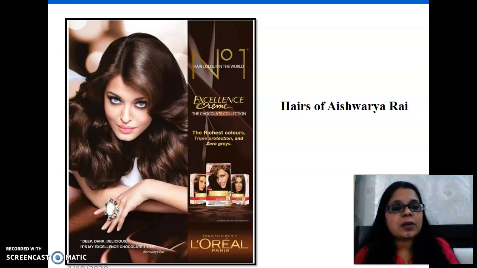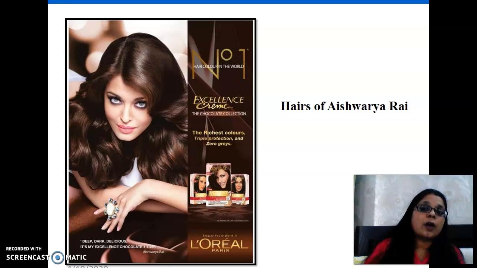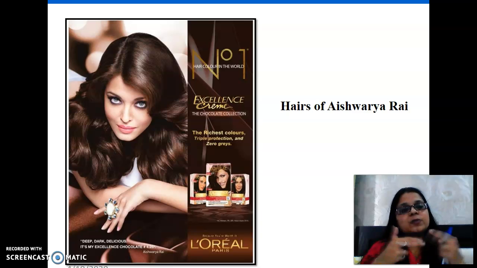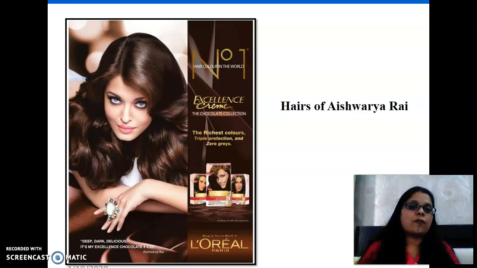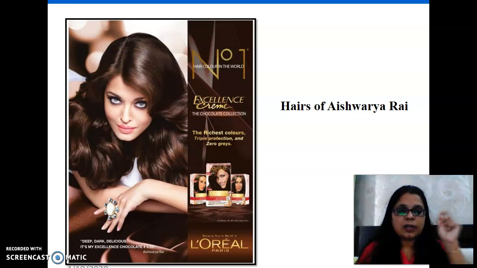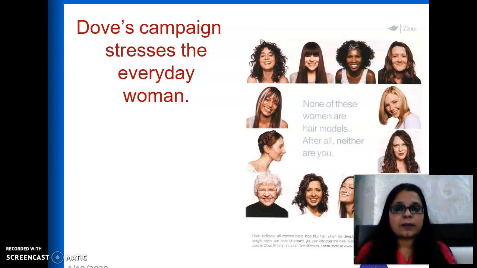When you see that Aishwarya Rai is advertising L'Oreal, obviously the people looking forward to coloring their hair with L'Oreal see that the physical appearance or attractiveness of Aishwarya Rai acts as one of the stimuli in drawing a positive influence, with the picture of her with specifically colored hair. It helps in drawing attention and understanding of the stimuli, and that is how the consumer gets attracted toward the brand.